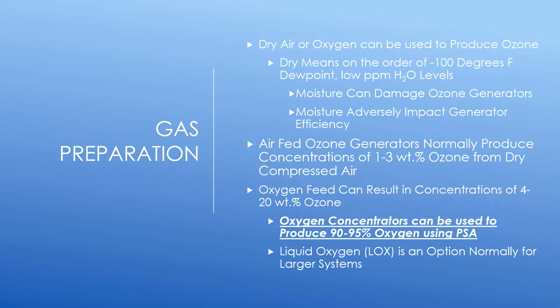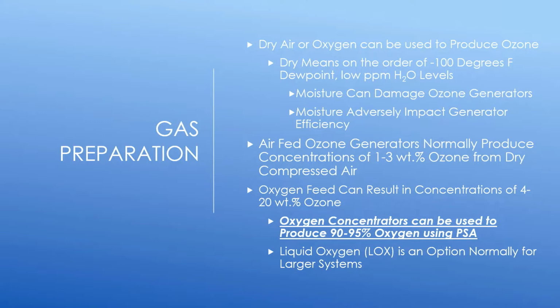So ozone generation requires a very dry gas to be used. Dry in this sense means minus 100 degrees F dew point. This means low part per million levels of water in the gas. The reason for this is that moisture can damage ozone generators, and moisture also reduces the generator efficiency and output.